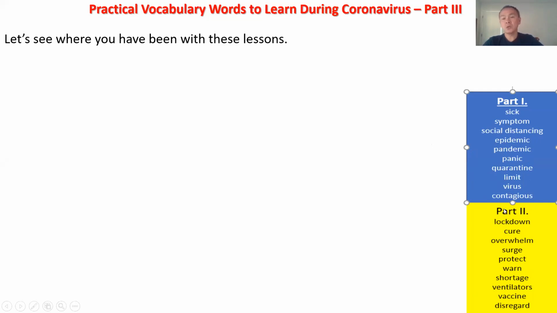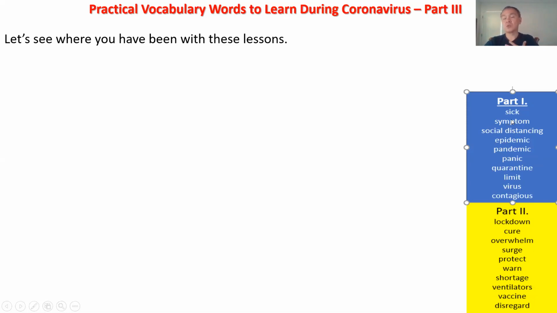So these were the words from lesson 1. And from lesson 2, you have lockdown, cure, overwhelm, surge, protect, warn, shortage, ventilators, vaccine, and disregard. So I just want to briefly review what these words are.